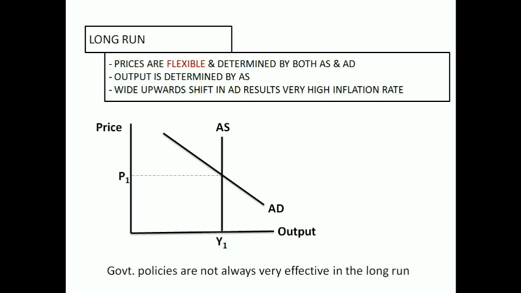In the long run, the prices are flexible and they are determined by both the aggregate demand and the aggregate supply, as we can see in the diagram. However, output is determined by aggregate supply, but changes in the aggregate demand is what results in very high inflation rates.